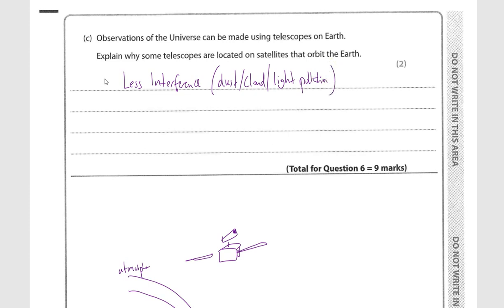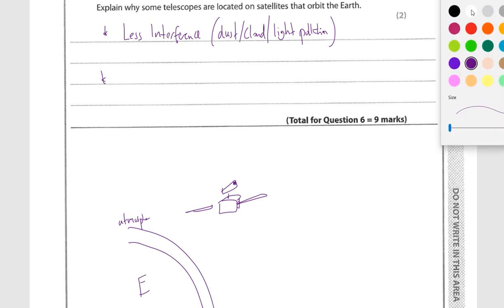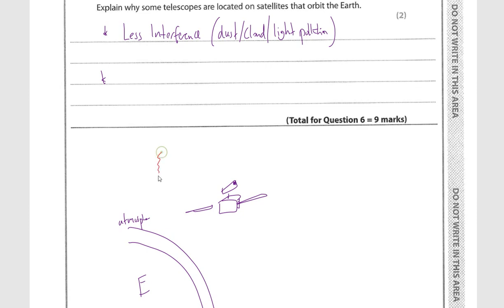Now what's the second one? Sometimes the waves coming from outer space get absorbed by our atmosphere.